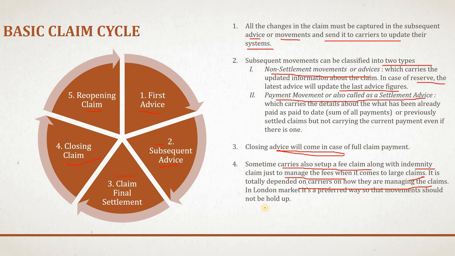This is not the norm. It depends on the carrier whether they want to set up the expense claim or fees claim and the indemnity claim separately. But it is always good to set up these two types of claims so that they can manage their claim message movements easily. The expense should not block the indemnity payment, so they want to keep both of them separate.